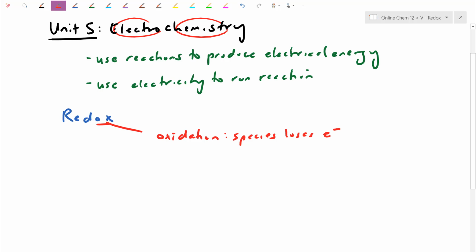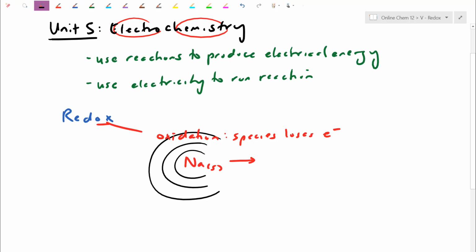So for example, let's take sodium. Sodium is a metal, a solid, an alkali metal. Upon losing electrons, you can imagine sodium is on the third row, it has 3 shells. Imagine taking the outermost electron, the least held electron, and removing that electron. I haven't touched the core, so we are still sodium.